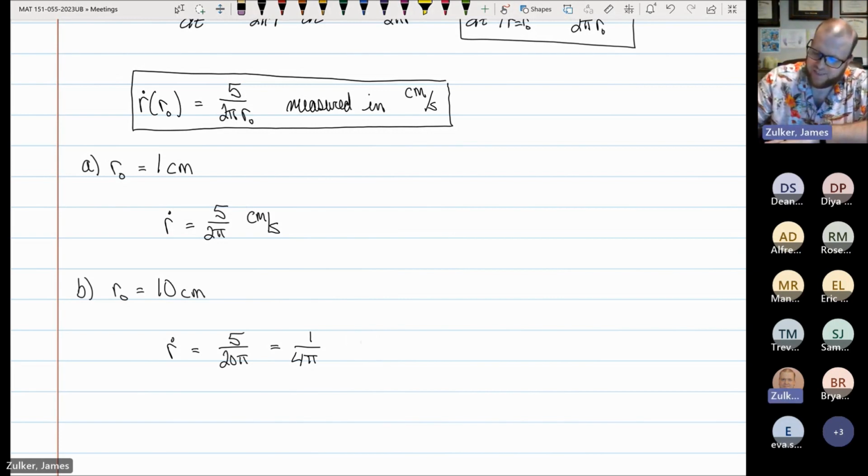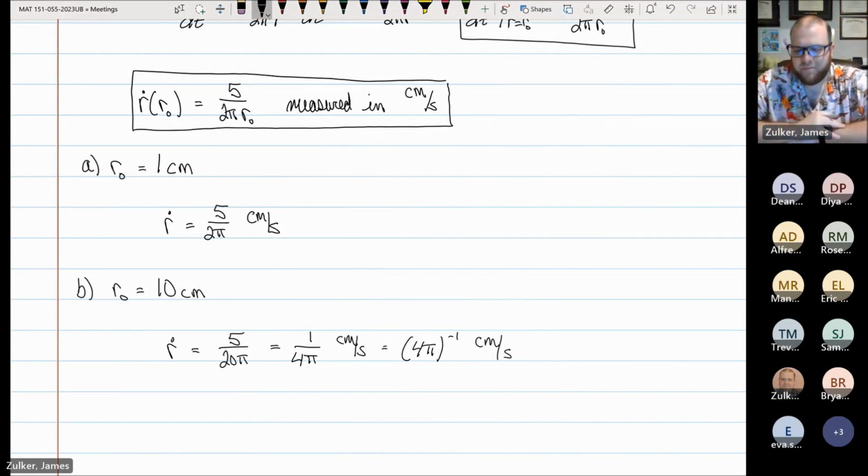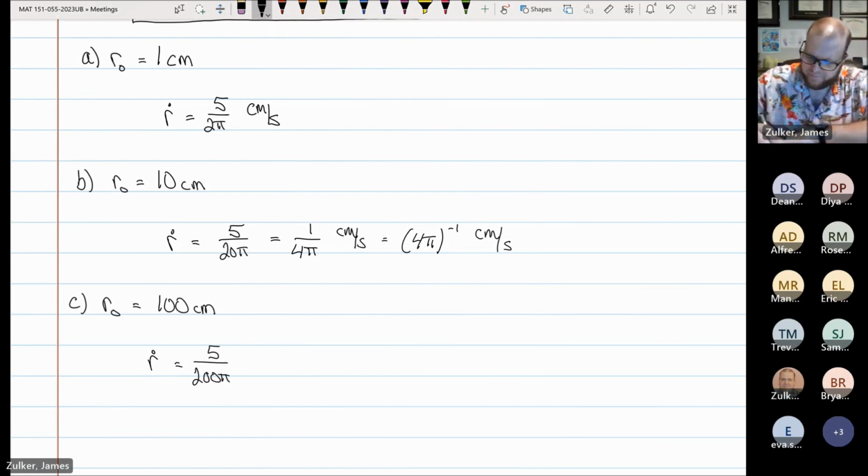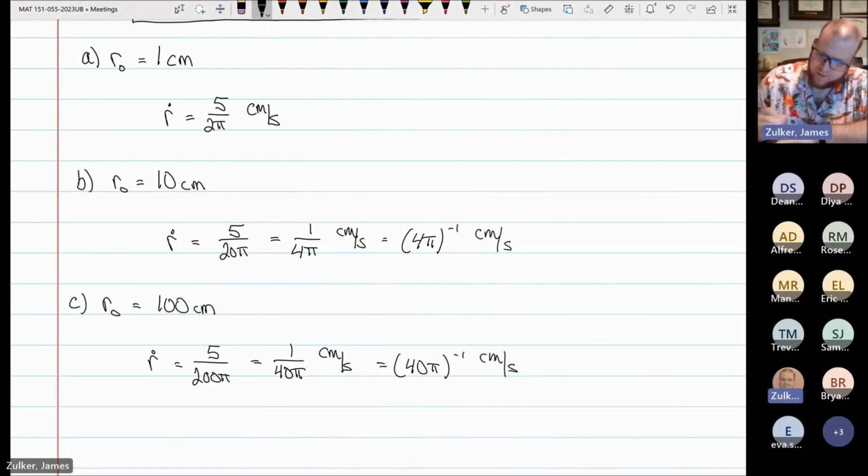You may also see that written this way. And we also wanted 100 centimeters: 1 over 40 pi centimeters per second.